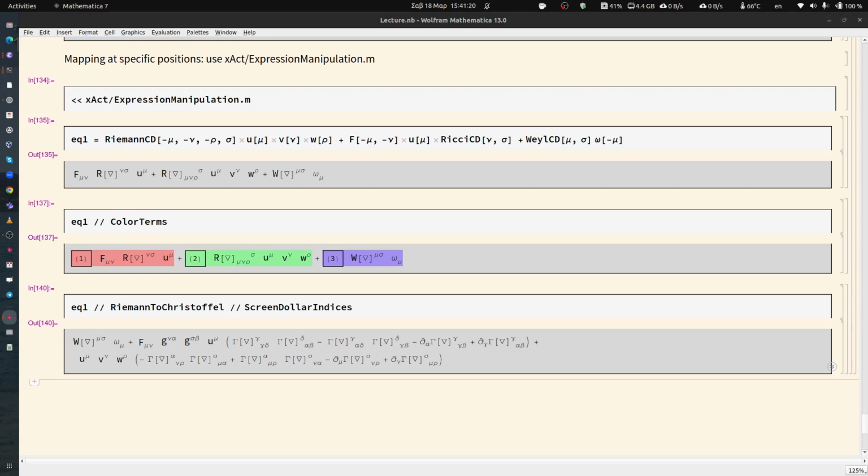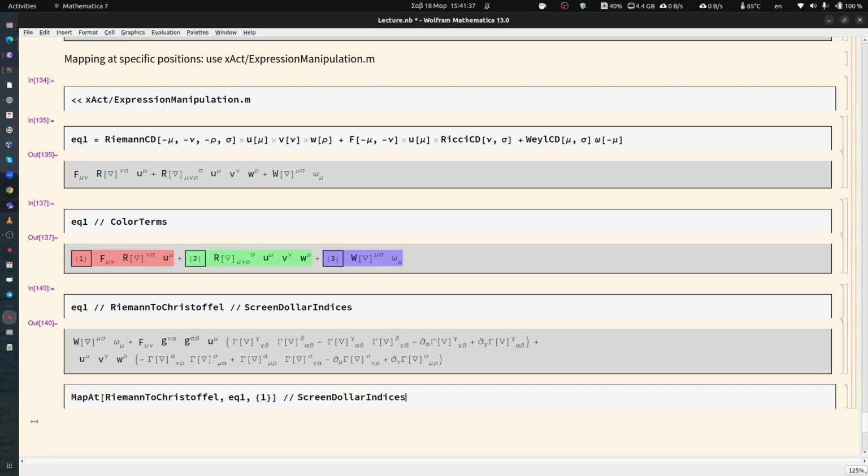So this ExpressionManipulation package here allows us to apply, in this case, RiemannToChristoffel only, let's say, at the first term. And for that, we have to use the function MapAt. So MapAt here takes three arguments. The first argument is the function that we want to apply to our expression, which in this case is RiemannToChristoffel. The second is the expression.